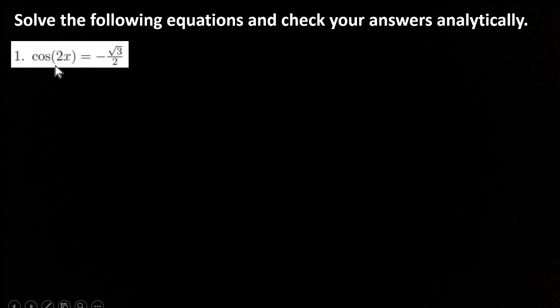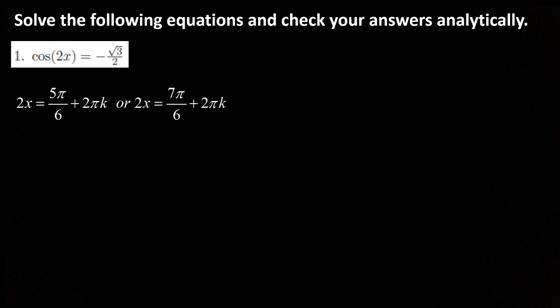Here is an example, cosine 2x equals negative square root of 3/2. So what we have to do, we have to take the cosine inverse of both sides. And what do we get if we do that? We get 2x equals cosine inverse of negative square root of 3/2.